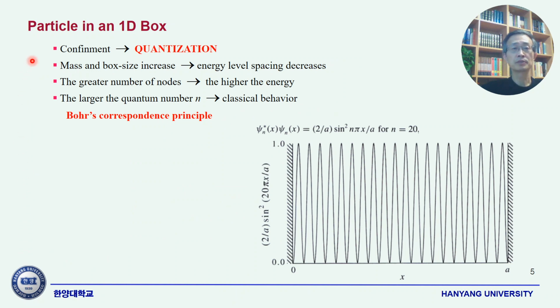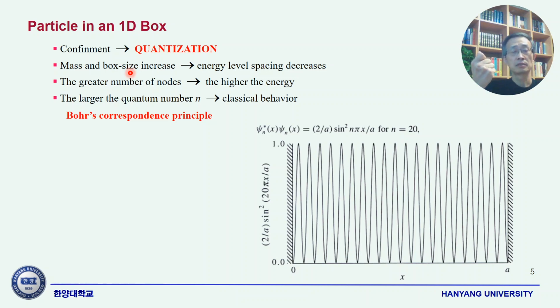Okay, so let's draw some conclusions about the particle in a one-dimensional box. As I just mentioned, we confine the particle in a box and we observe the quantization of energy. What if we increase the mass of the particle, m, and the box size, a, in the problem we had? That means we are approaching classical mechanics.